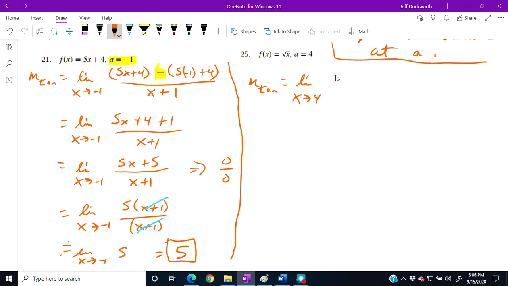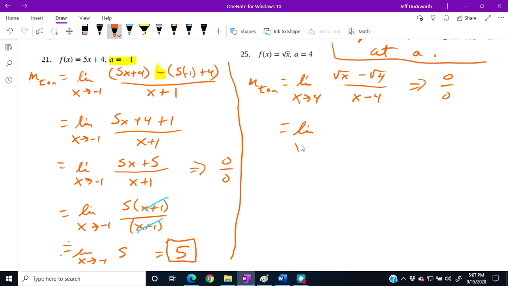And our function is just root x, and then we're subtracting the function evaluated at a, so that's going to be root 4. And then x minus a, or x minus 4. And again, what happens if we put in 4 there? We're going to get 0 over 0. So we've got some work to do here.